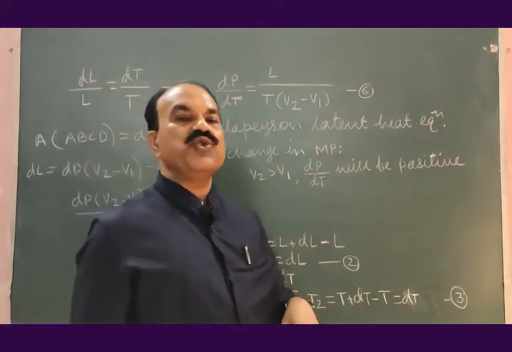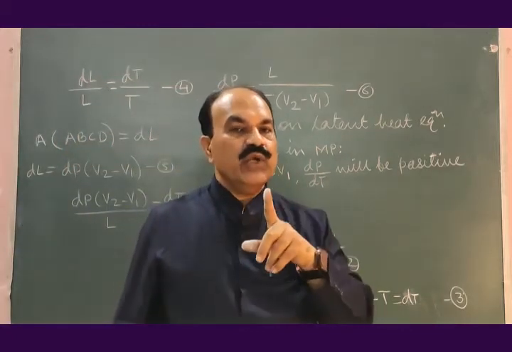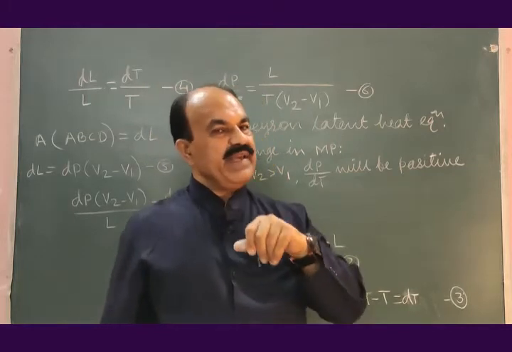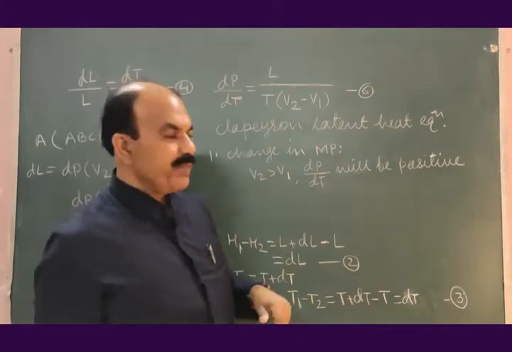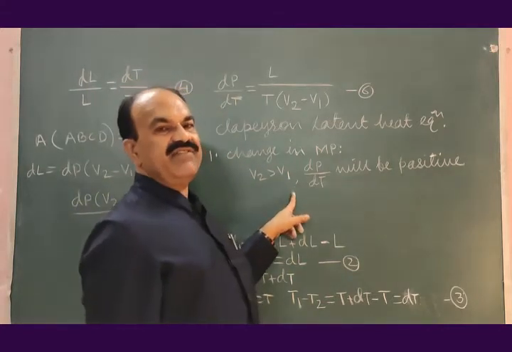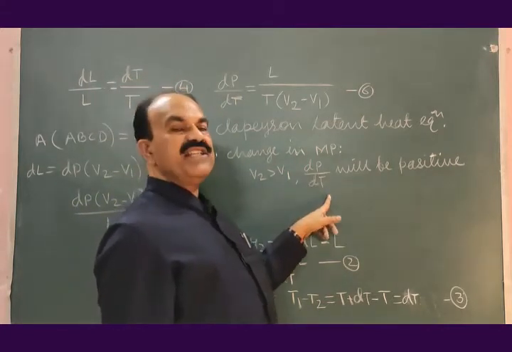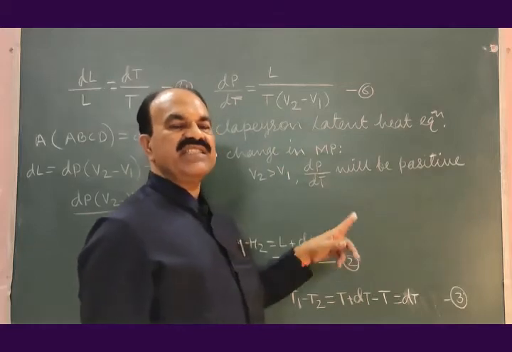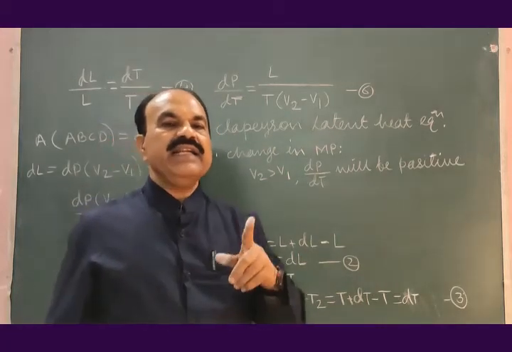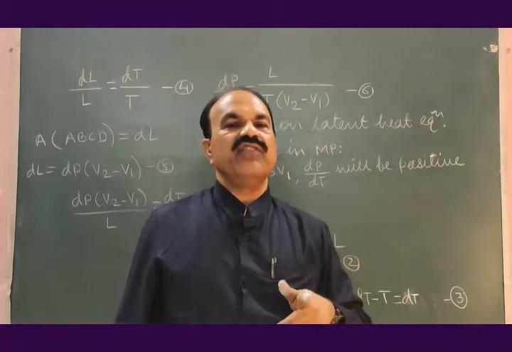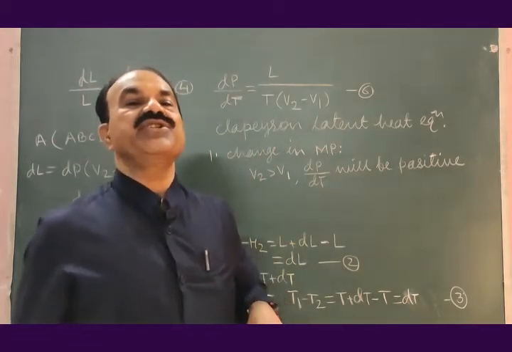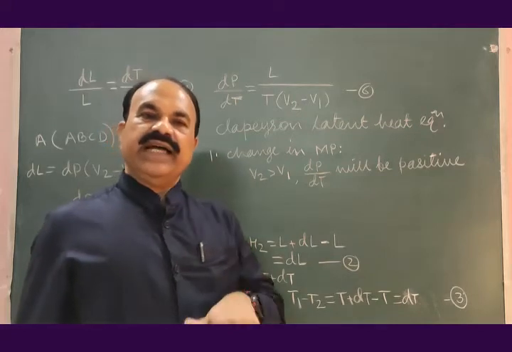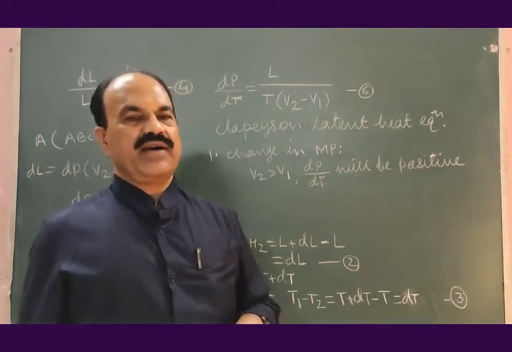In the diagram shown, V1 is volume at point B, V2 volume at point A. If V2 is greater than V1, dp by dt is positive, it means that melting point temperature of a solid increases with increase of pressure and vice versa.